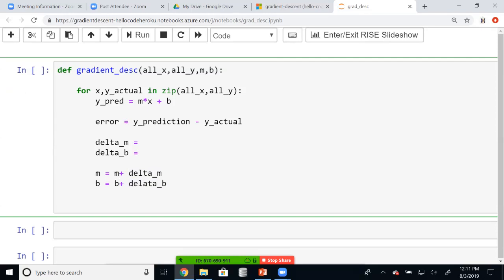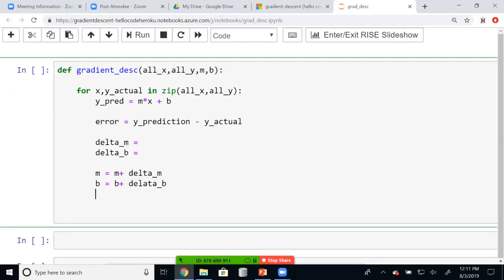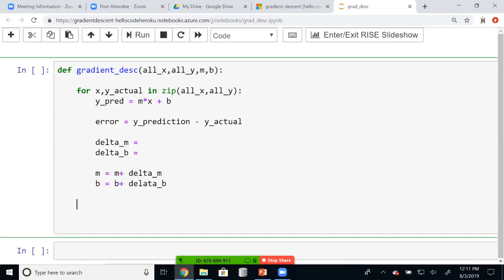Okay, and if we know what these two things are, I think we are good to go. Then we just have to return the values of the M and B that we have found. So we're just going to return M comma B. Let's also return the error in case we want to see how the error is increasing or reducing from our algorithm.